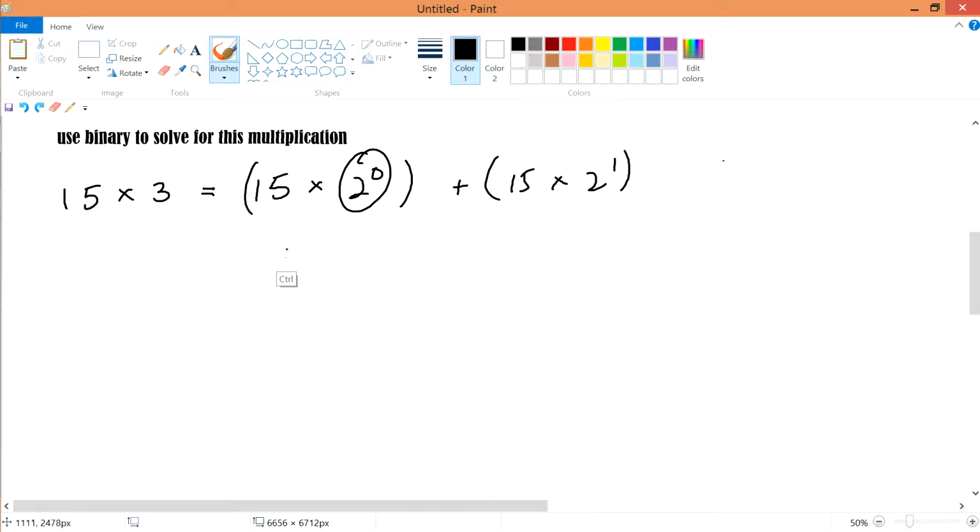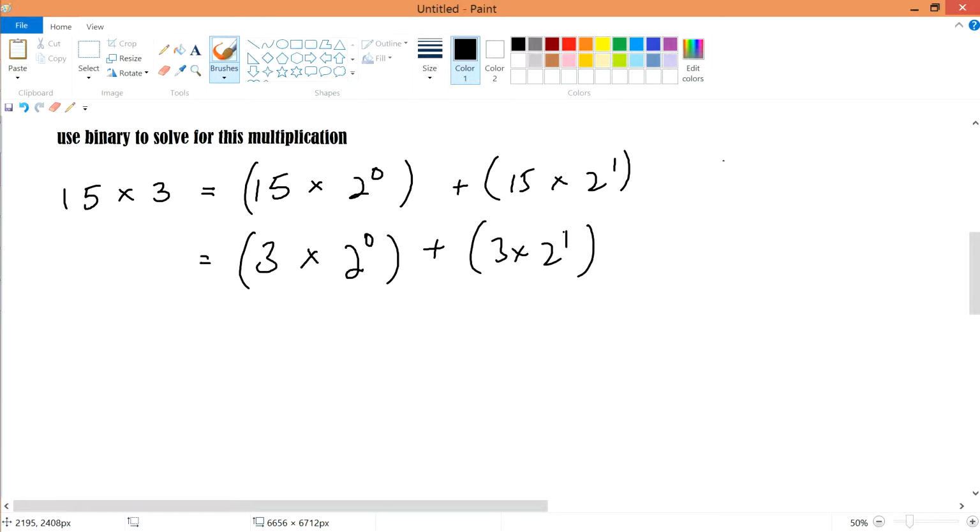The other method is that I can keep this constant and write it as 3 times 2 to the power of 0 plus 3 times 2 to the power of 1 plus 3 times 2 to the power of 2 plus 3 times 2 to the power of 3.